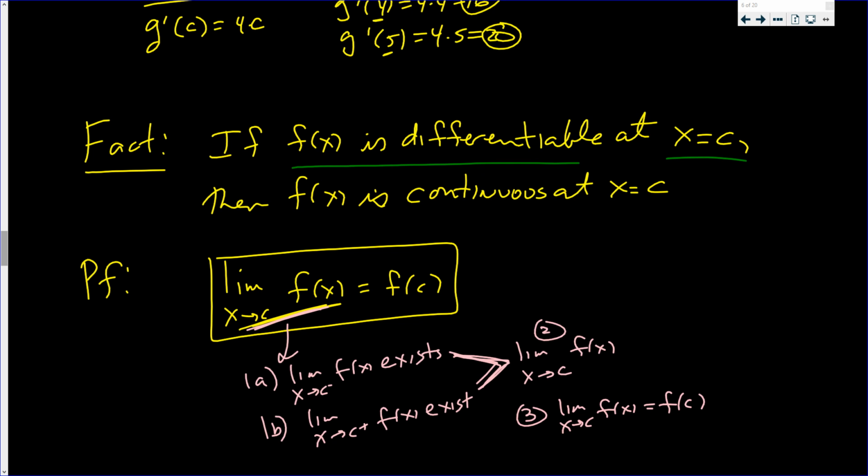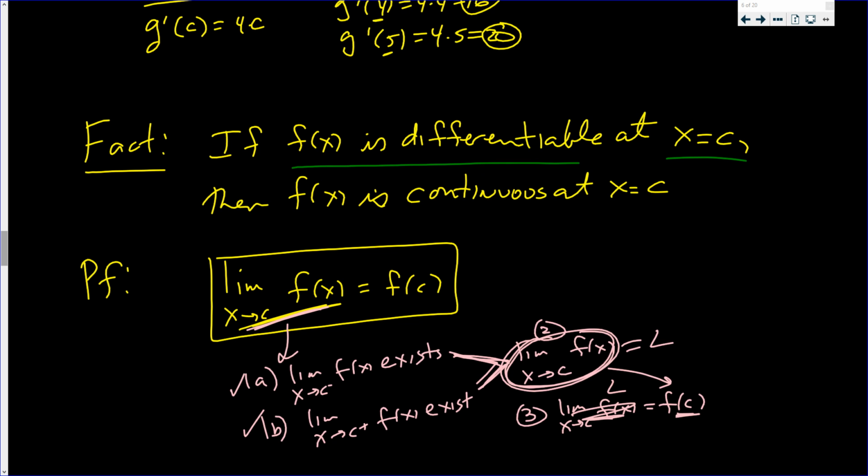Okay, so really, or let's call this L. You need this to be L, but L is this. You need for this to equal C. But built into this equaling f of c, that means this exists. That means 1a and 1b must be true.